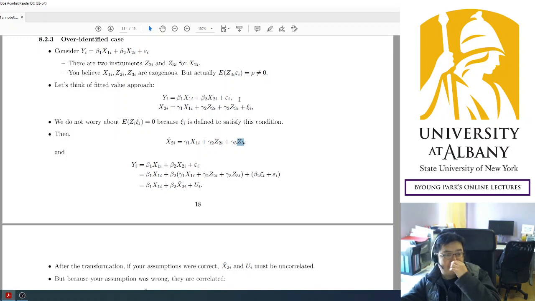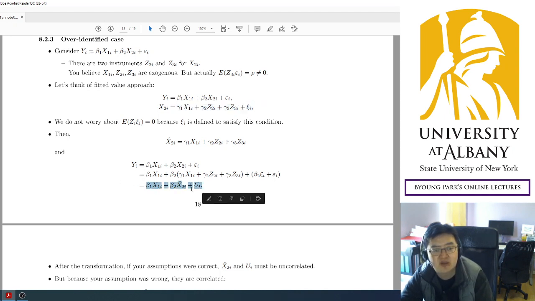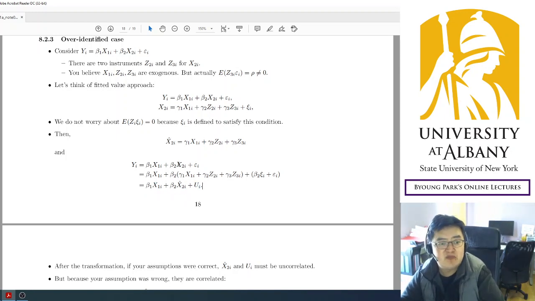That's the problem. And remember, we have to plug in x hat, the fitted value, in the place of the original variable x2. So replace x2. x2 can be written this way, and then rewrite this, and we get this. So x2 is replaced by x2 hat, and epsilon is replaced by ui, because ui, the extended error term, has to take care of xi at the same time.